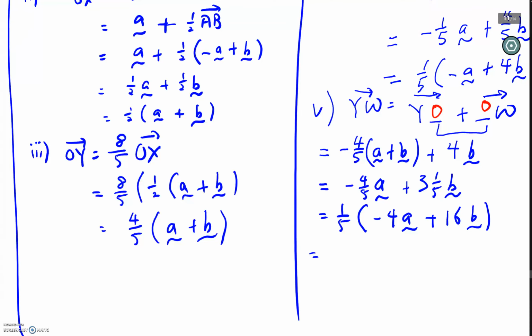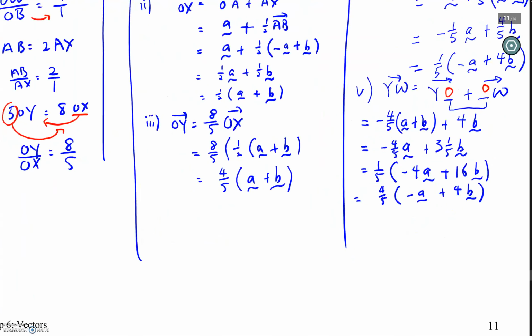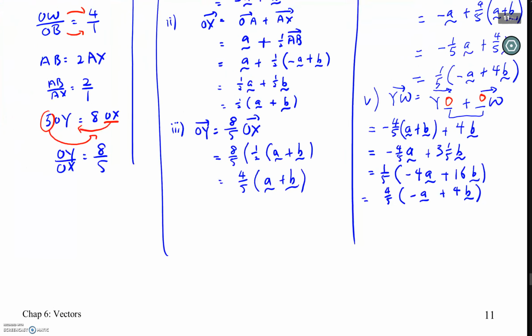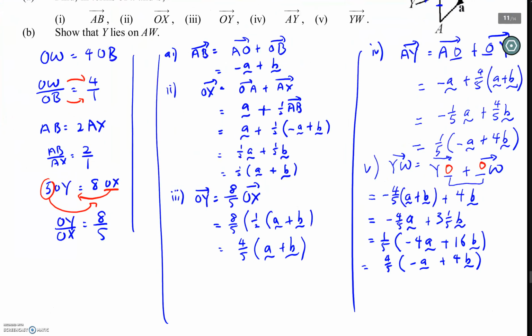So I will be able to write 4 over 5 bracket. It's still fine, but if you don't factorize, later on you realize your last one, part B, which is the star question, you cannot do. I'll show you why.